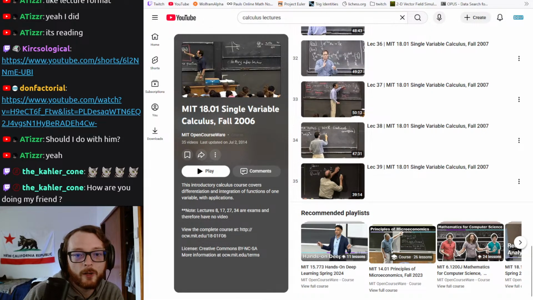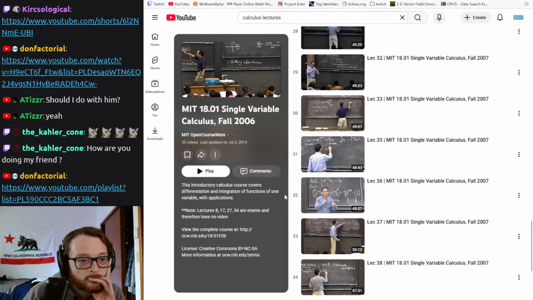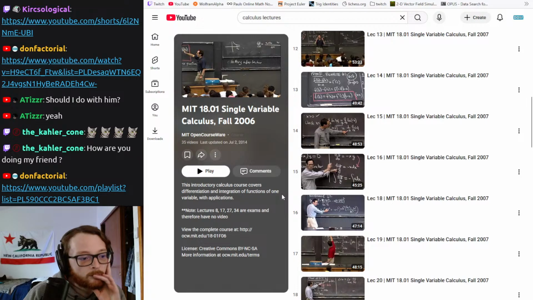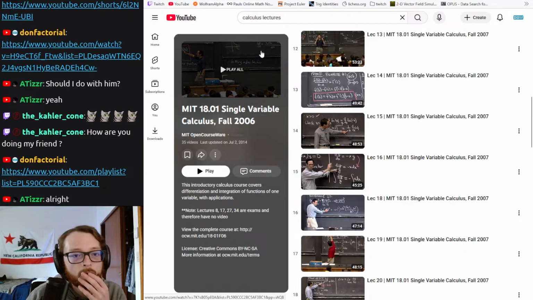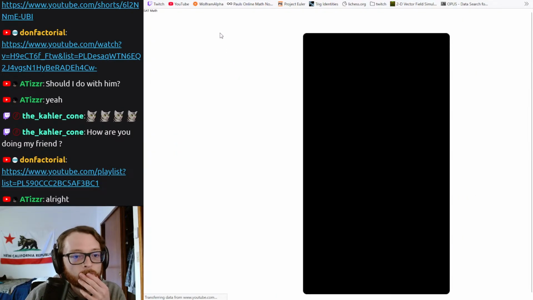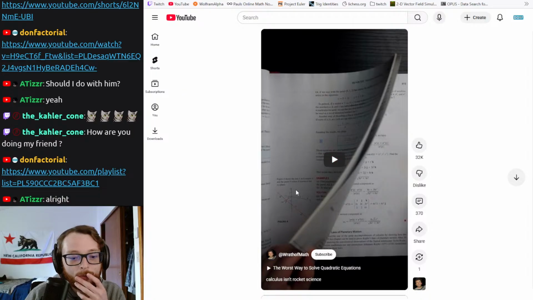Yeah, you can try looking in the later part of this MIT OpenCourseWare one. Oops, let's see what Kirk linked. I'm doing all right, Collar Cone. How about you? The worst way to solve quadratic equations.